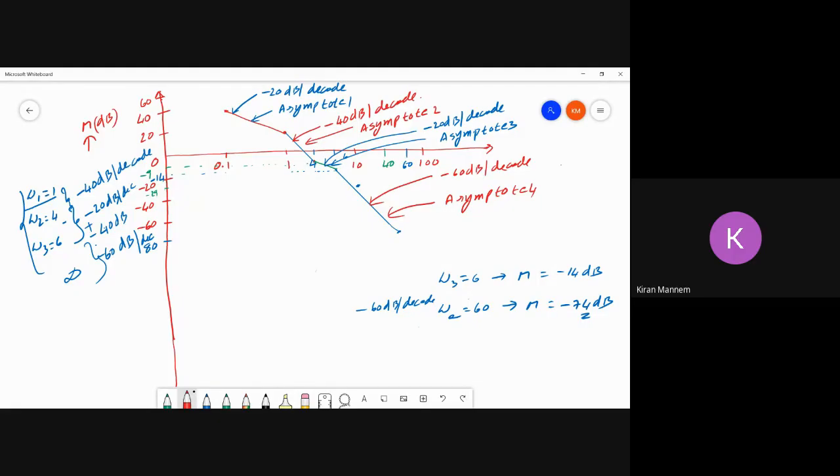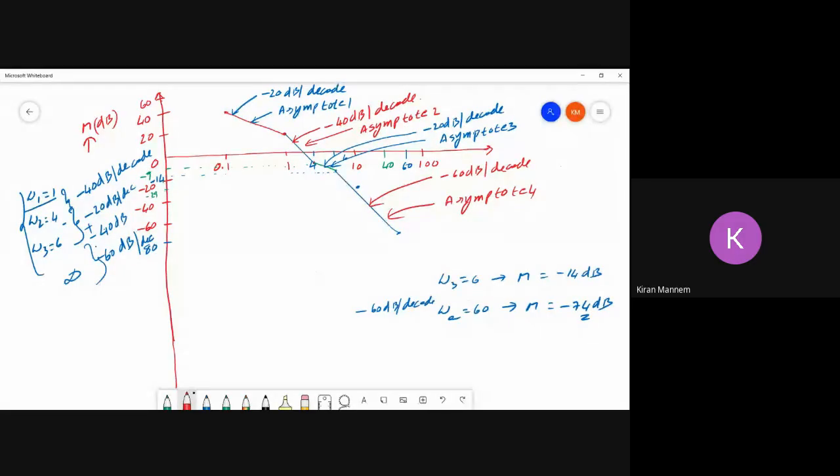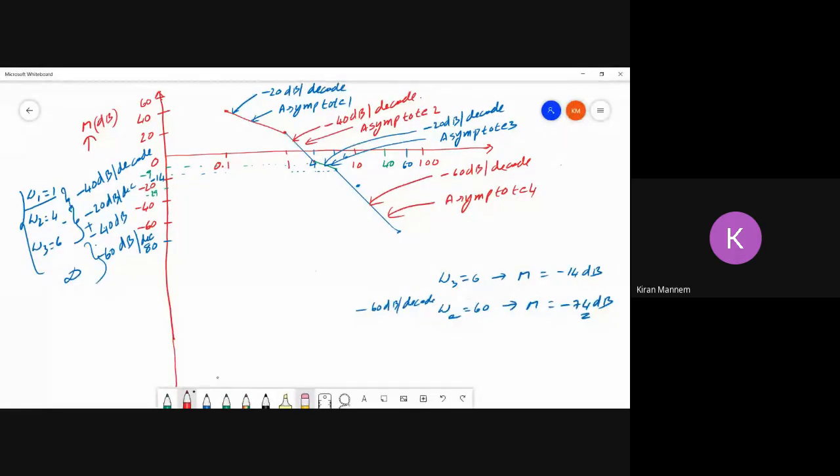Let us find out the gain crossover frequency, phase crossover frequency, gain margin and phase margin for this Bode plot. To get this, we need the phase plot. So let us draw the phase plot and find out all 4 parameters.